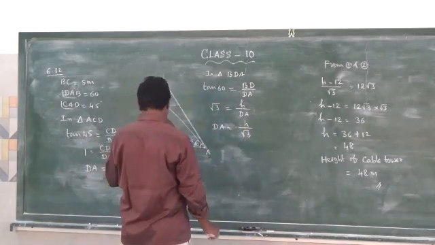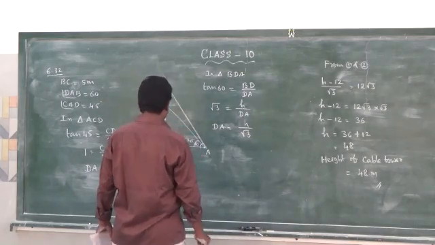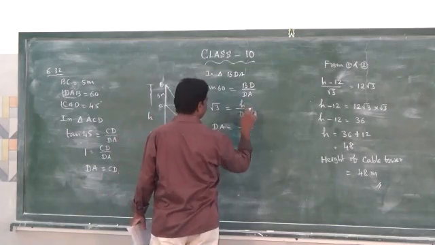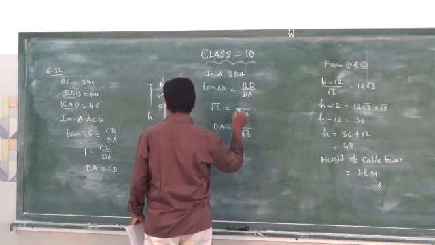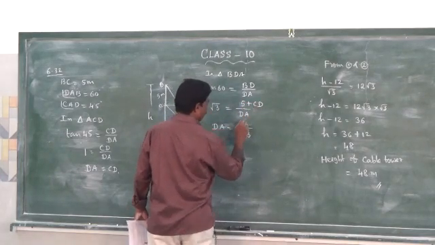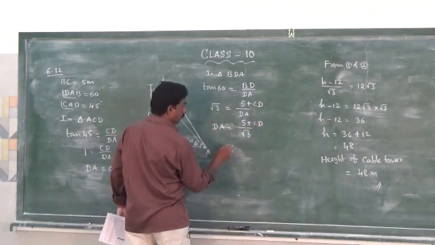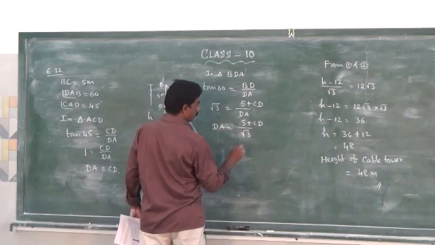Now DA and what is h? H you can write as since BC is given, BD you can write as 5 plus CD. So when you cross multiply, okay.